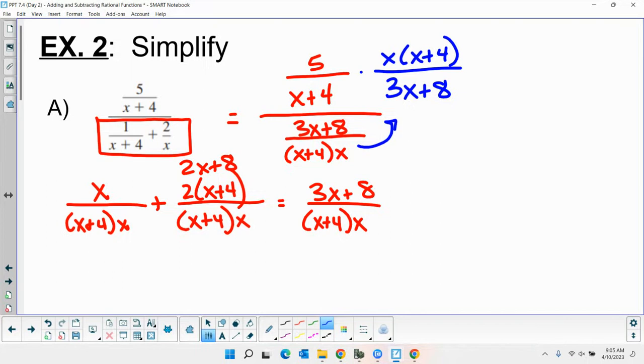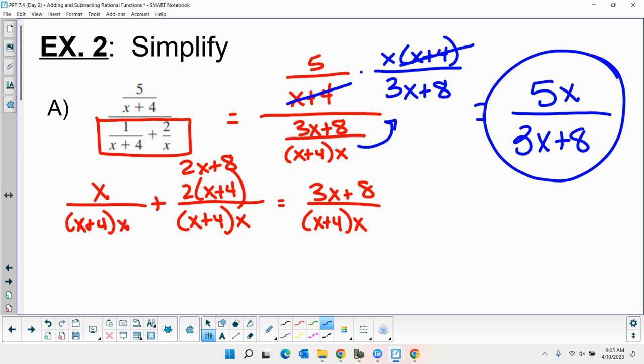Yeah, what? X plus 4s, right? So the top is 5x. And the bottom is 3x plus 8. We just simplified that complex fraction.